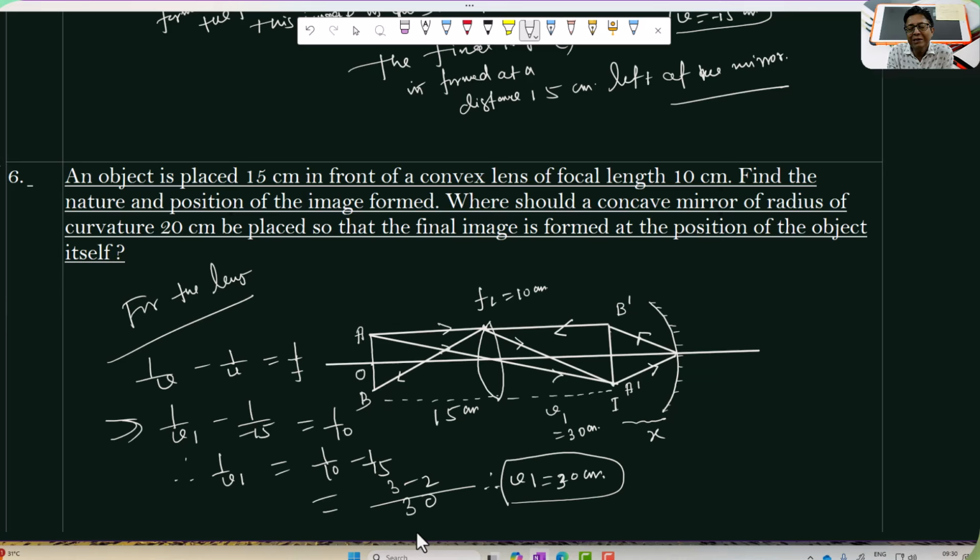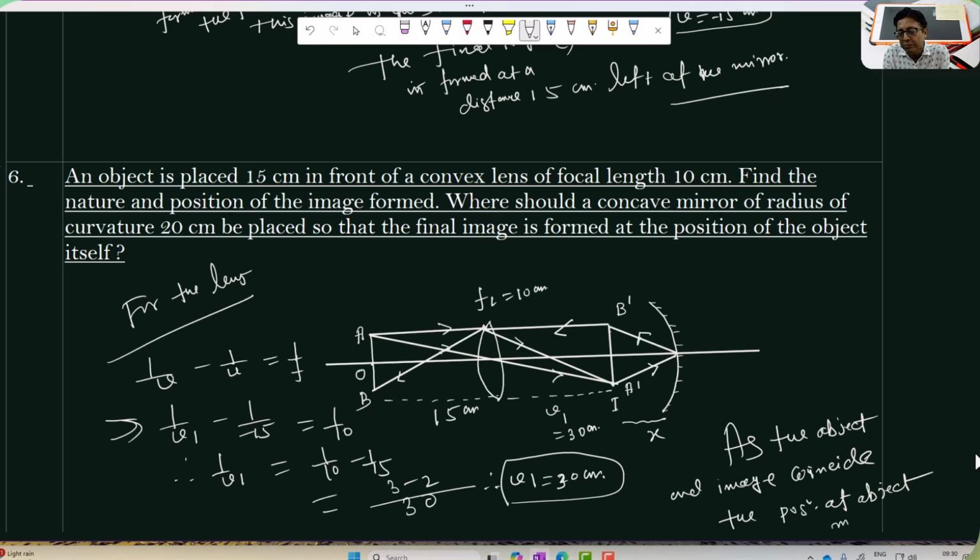As the object and image coincide, the position of the object will be where? Must be at C, the center of curvature.